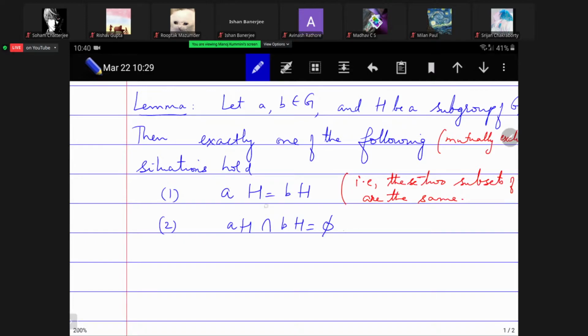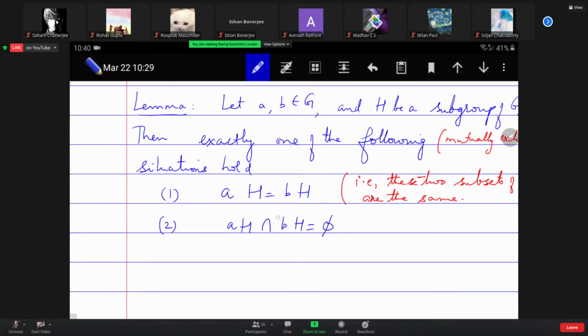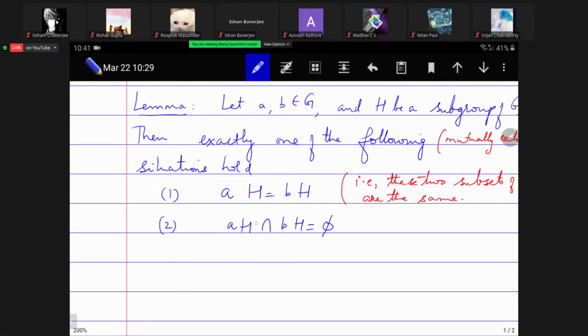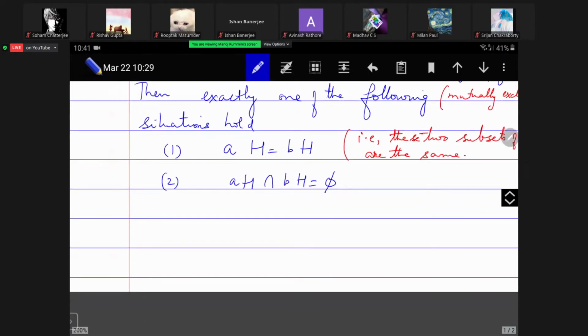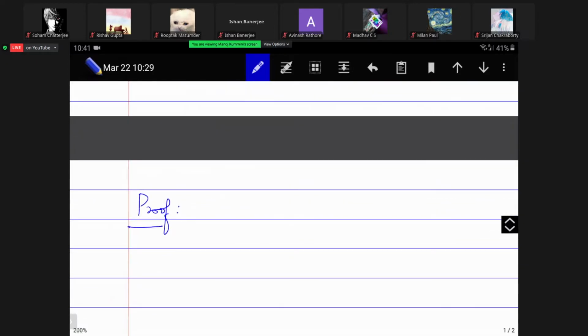First of all, it is clear that these are mutually exclusive, because the intersection is either empty or non-empty. Then it is saying that if it's non-empty, then the two sets are the same. So that these are mutually exclusive is clear. What one needs to show is that if the intersection is not empty, then they are the same sets. That's what we need to show.